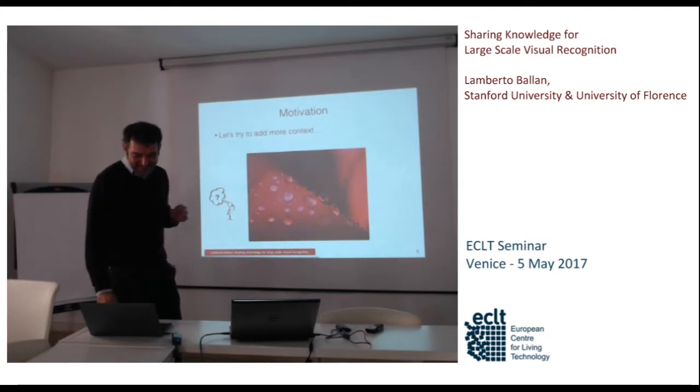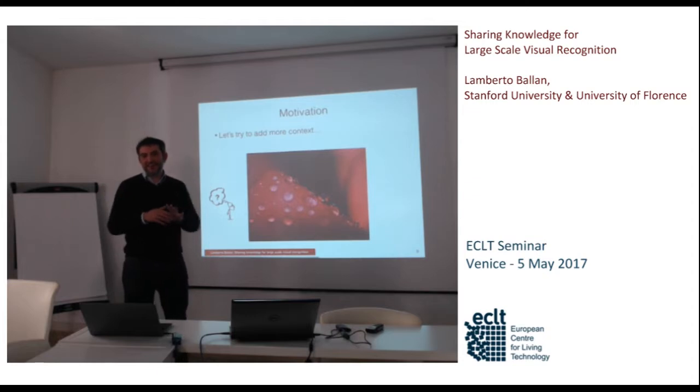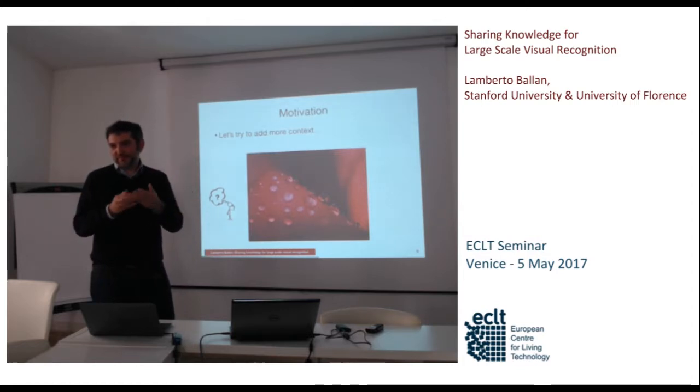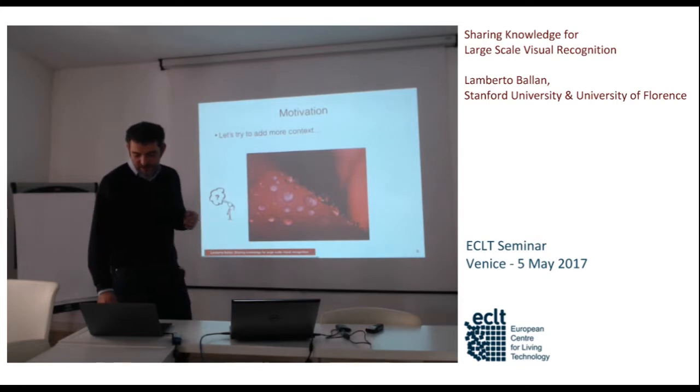But anyway, the idea is that, for sure, this is not a prototype of a flower image. If you look for a flower image on ImageNet, for example, or any image classification dataset, you usually don't find an image like that.